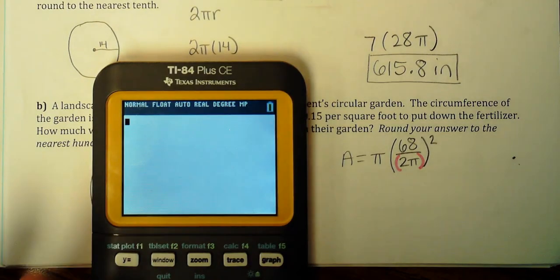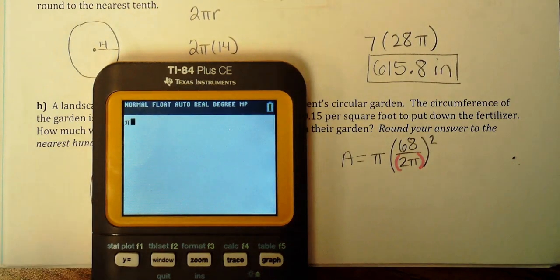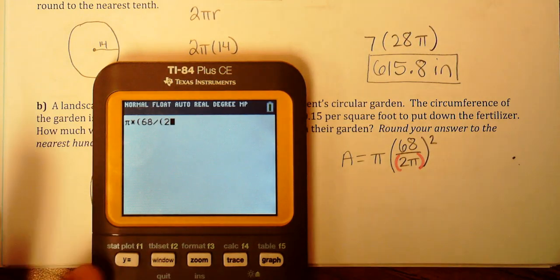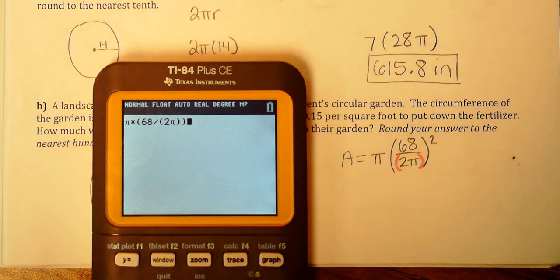Okay, so here's how I'm going to do this. I'm going to type pi, and then I'm going to multiply. Now, that fraction is going to get squared, so I'm going to put a parentheses, 68 divided by. You have to put parentheses around this or it will give you the wrong answer. Put parentheses around the 2 pi, and then close the parentheses so it's around the whole fraction.